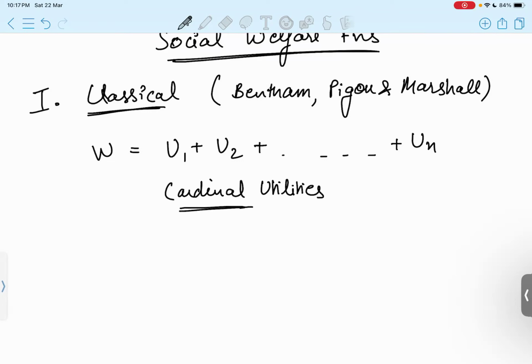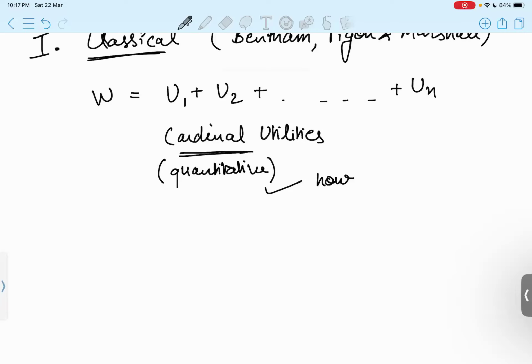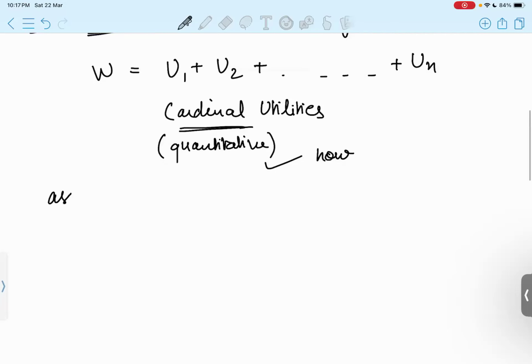Cardinal utilities are quantitative in nature. They would have a certain mathematical figure. And this is again its limitation, that we do not have a definite criteria of how to measure the utility in quantitative terms.